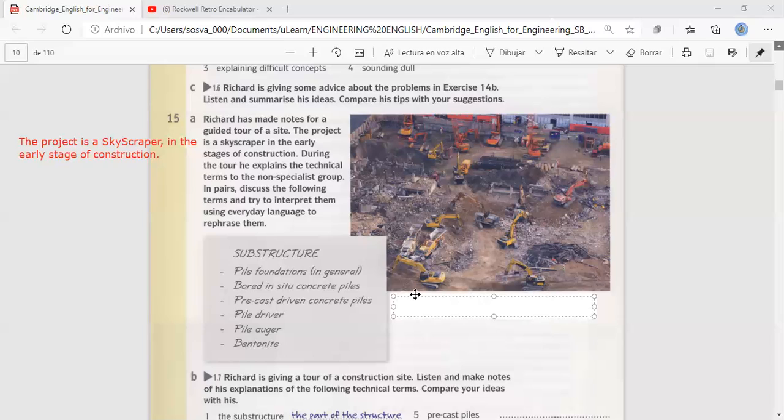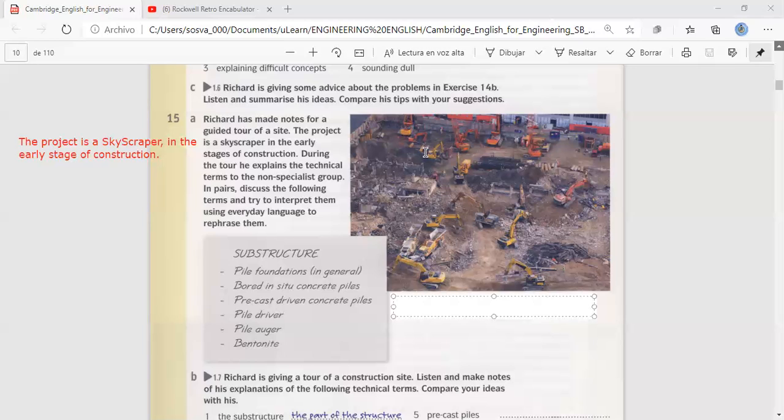I think it's that because in Spanish I understand it like pila de mando or pilote de mando. I'm looking at the picture, but I do not find the pile driver in the picture. I just find excavators and stuff like that.